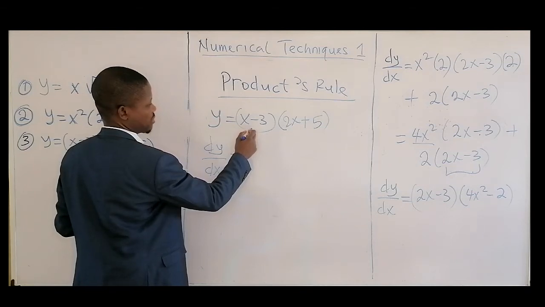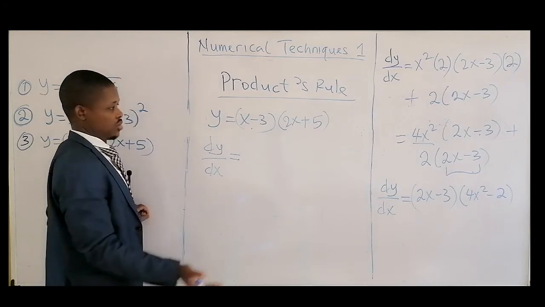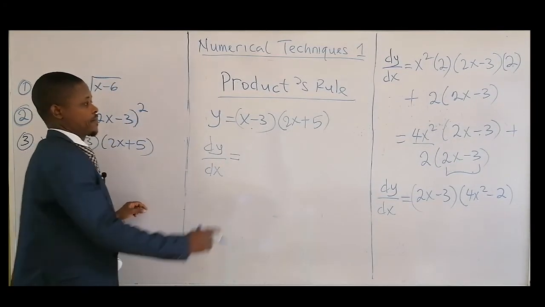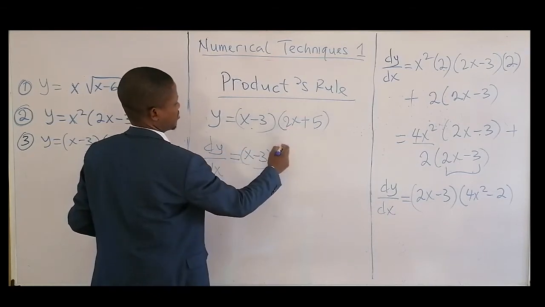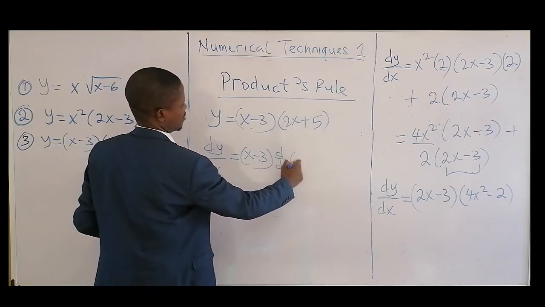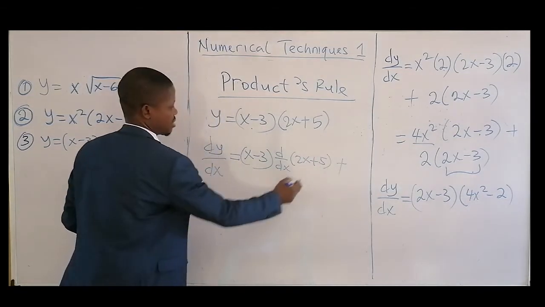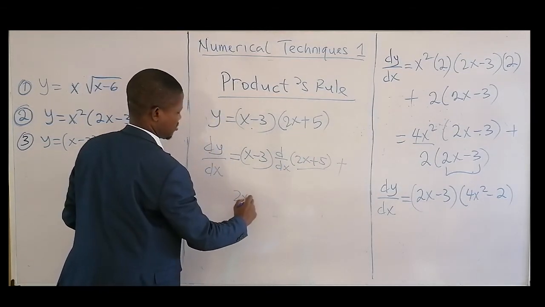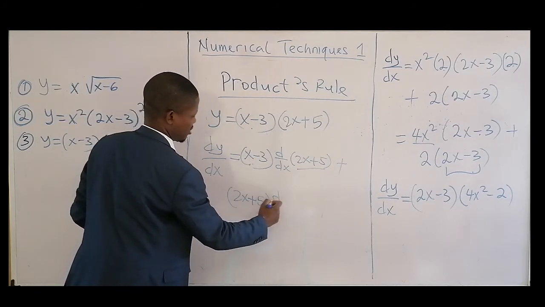Okay, actually, if you like, you can expand and do your differentiation. But I want to apply the product rule here. Yeah, take one constant, x minus 3, then differentiate this, d/dx of 2x plus 5, then plus, keep this one constant, 2x plus 5, and differentiate this one, d/dx of x minus 3.